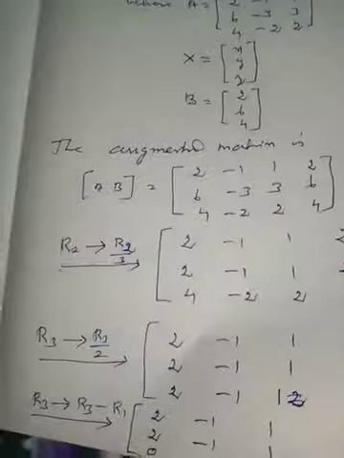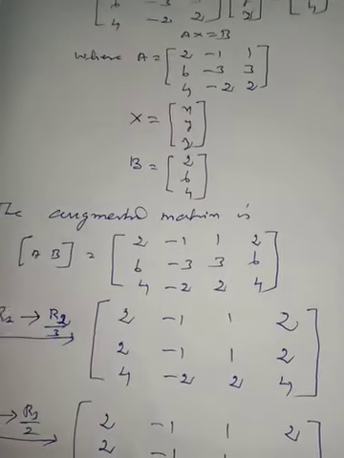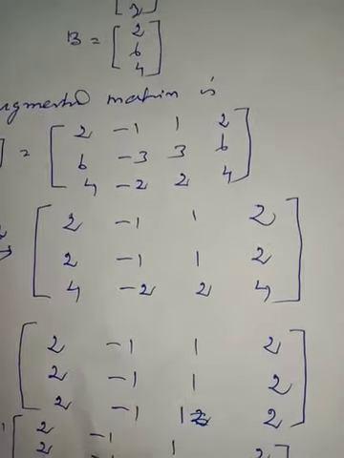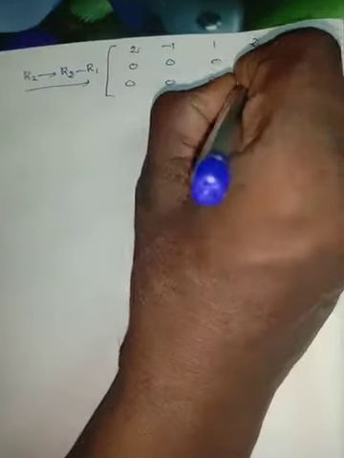Now this becomes 2 minus 1, 1, 2 and 2 minus 1, 1, 2. Second row: 2 minus 2 is 0, minus 1 minus of minus plus 1 is 0, 1 minus 1 is 0, 2 minus 2 is 0. Therefore the second row becomes 0 0 0 0. Third row 0 0 0 0.